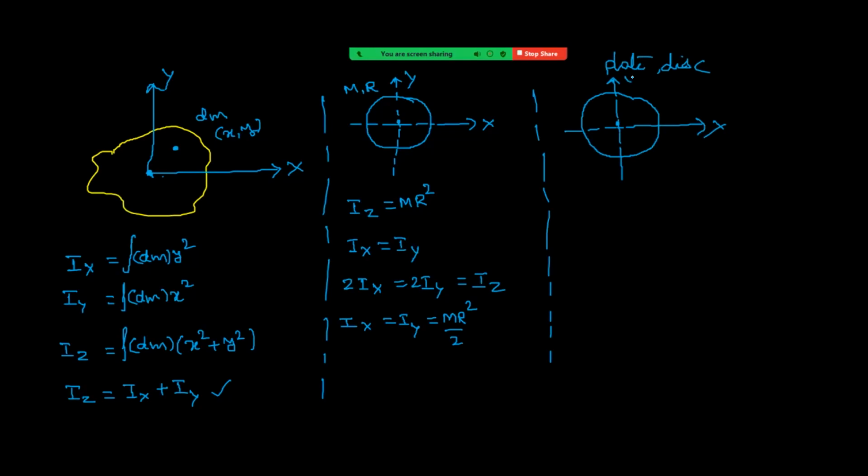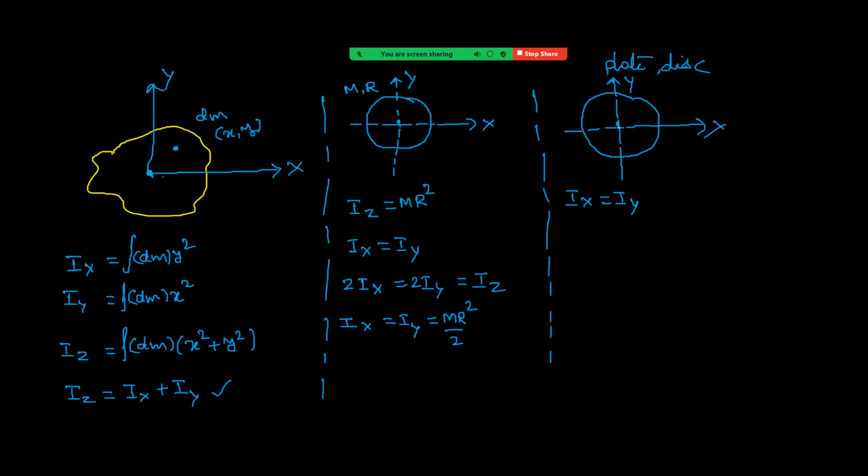Now there are diameters for the disc. You can see about x-axis distribution of mass, about y-axis distribution of mass. Both are same, right? That means again here also we can say Ix equal to Iy, because we have taken that distribution of mass is uniform.